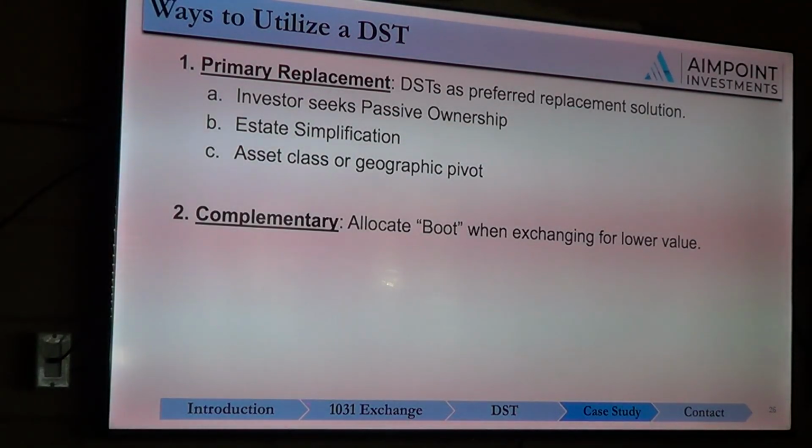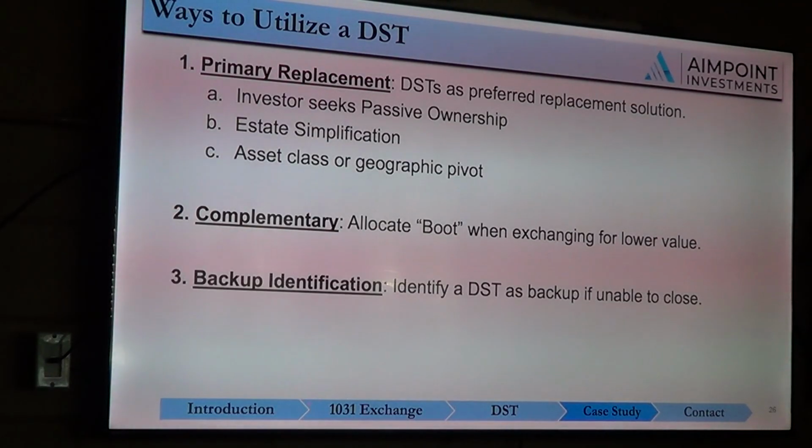The next is, the way we see it used is as a complementary option. So if we sell that $1 million property, and the only thing we like is the $800,000 property, we can use the DST to complement and just invest the $200,000 that we have left and give ourselves a full tax deferral. So that's the complementary way.